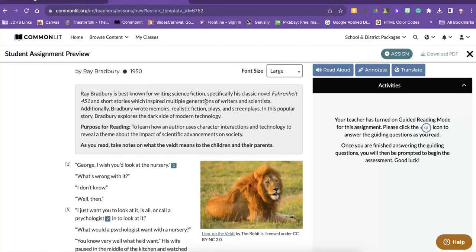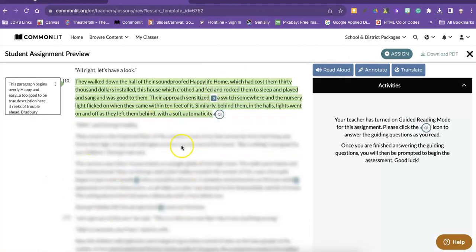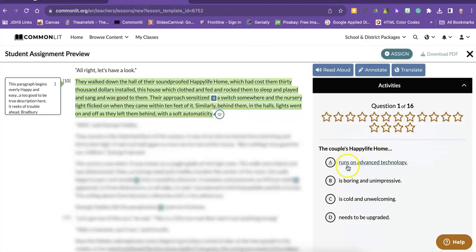The second thing that everyone has to do is notice that you cannot read the story right here. They stop you with this Q1. You have to answer these reading questions that will help you to make sure that as you're reading the story, you are understanding what you're reading.